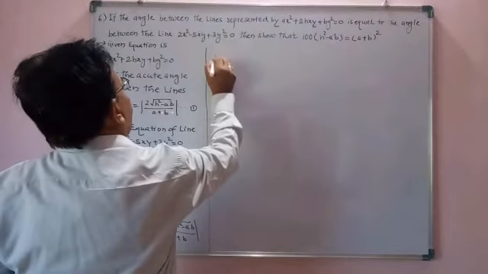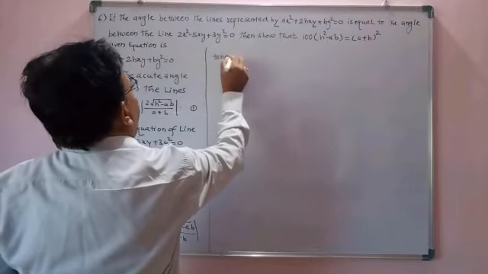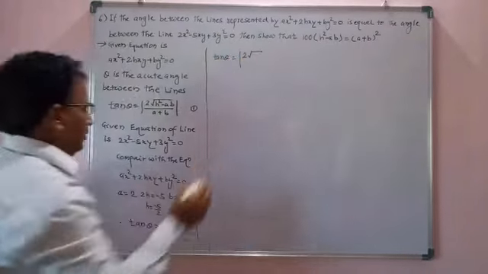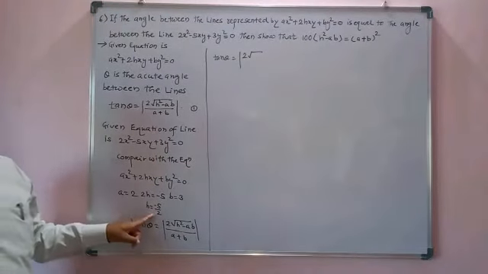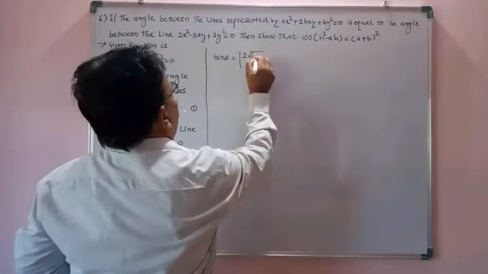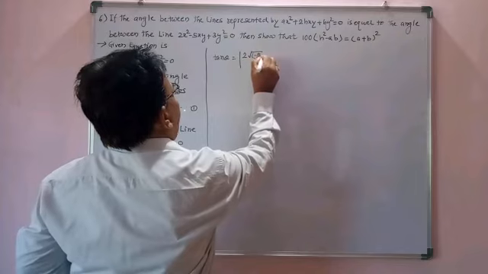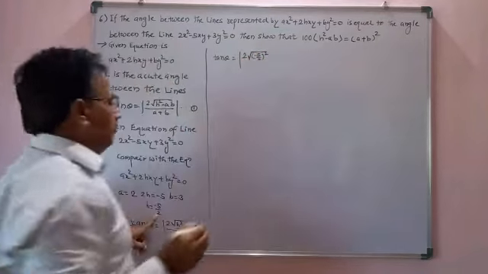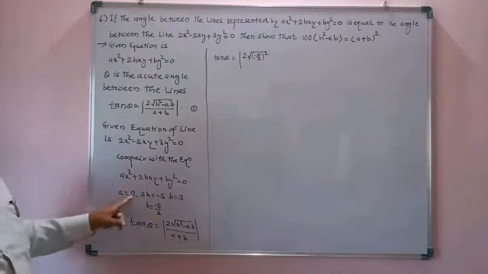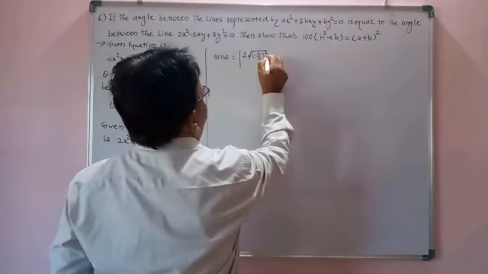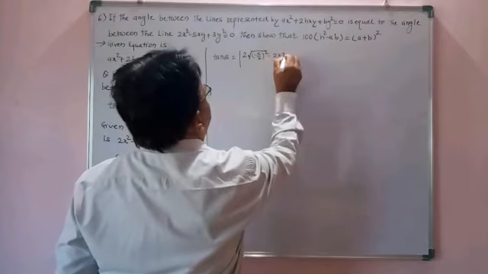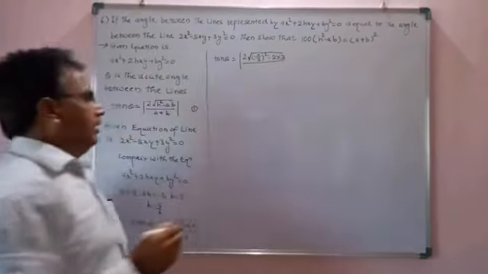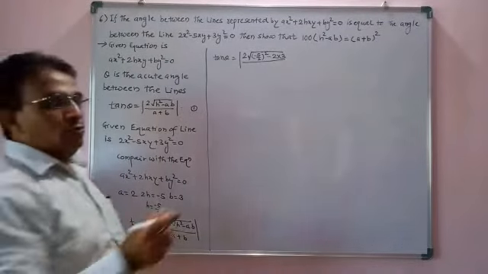Therefore tan θ = |2√((−5/2)² − 2×3)/(2 + 3)|, where a = 2, b = 3, and a + b means 2 + 3.